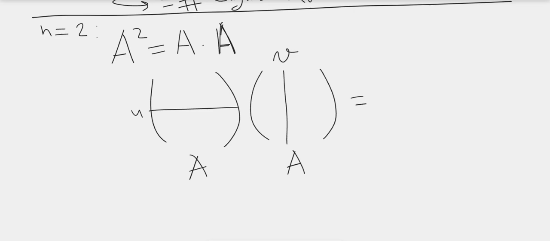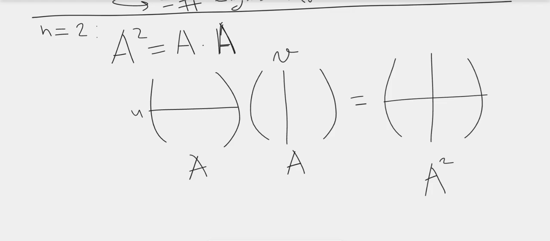To calculate the value in the resulting matrix A squared, at the intersection of row u and column v, we multiply these two vectors: the first value by the first, the second by the second, and then sum these products together.